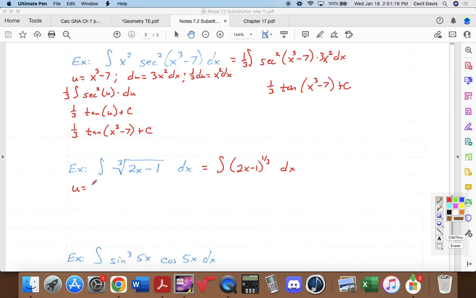If I let U be equal to the inner part of the composite function, 2x minus 1, then du is equal to 2 dx. Since I don't have a 2 dx, I'll multiply by 1/2. So 1/2 du is equal to dx.